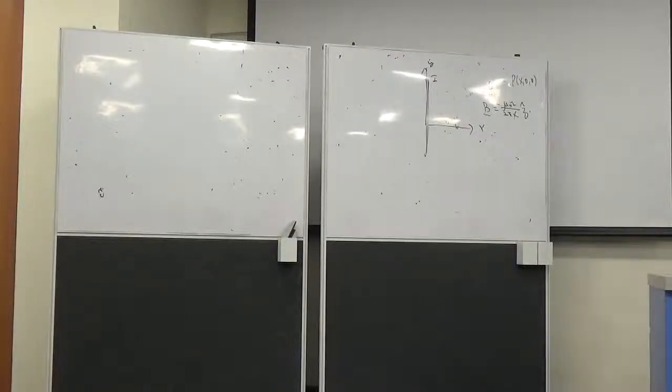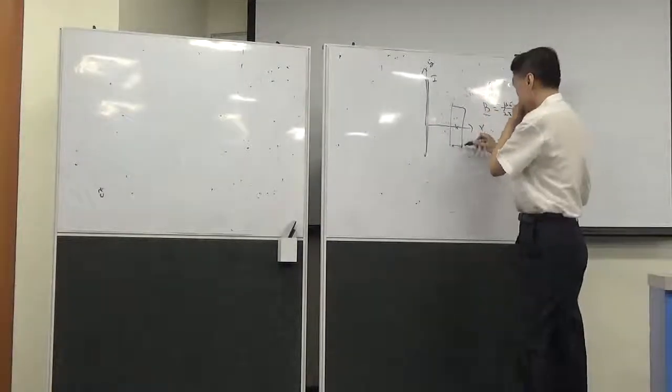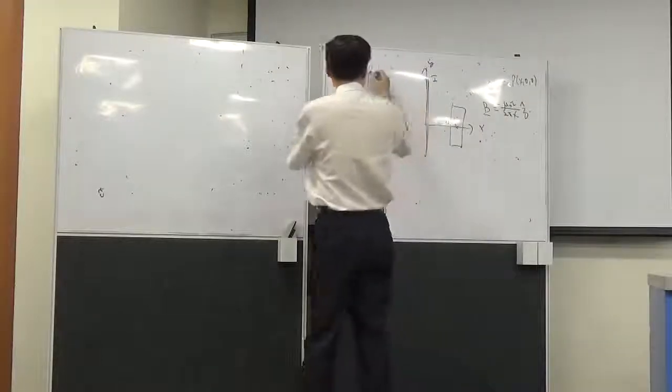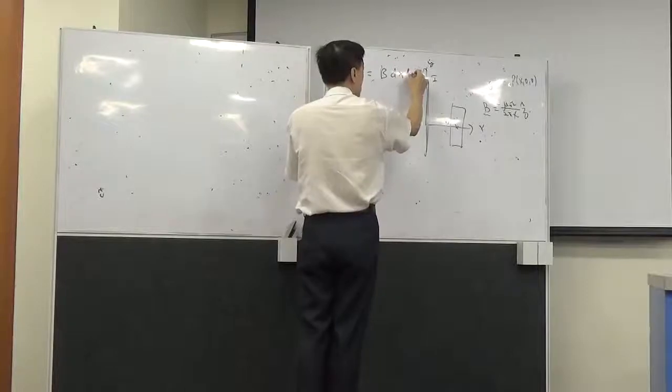Thus find the total flux linkage. Alright, total flux linkage to this one, not difficult. So flux linkage phi, d phi is equal to B dot dA, which is dx dy.